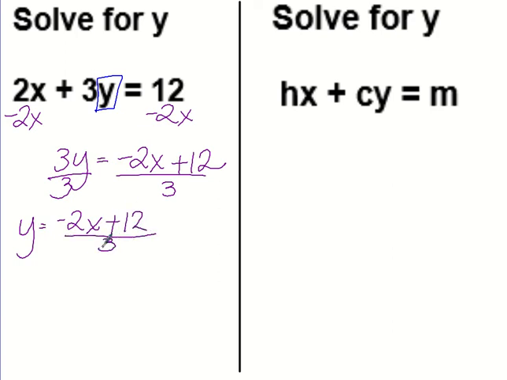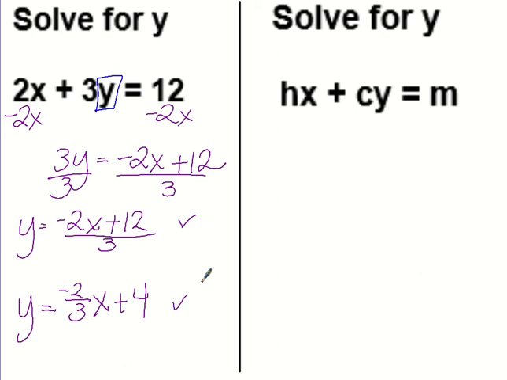Okay, you can leave it like that. Or we can actually divide the 2. So this becomes a fraction, negative 2 over 3x, because it doesn't reduce. And then you can reduce the other side. 12 divided by 3 is 4. So both of these would work. And there we go, we're done. We can't clean up anything else. That's our literal equation.